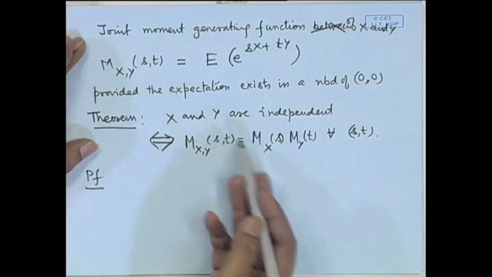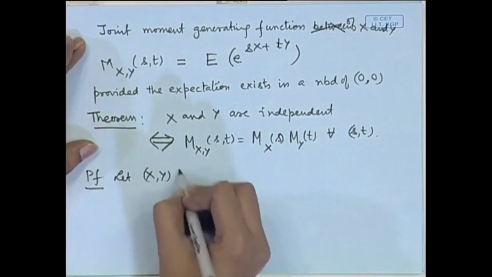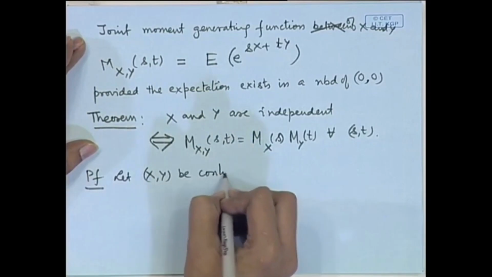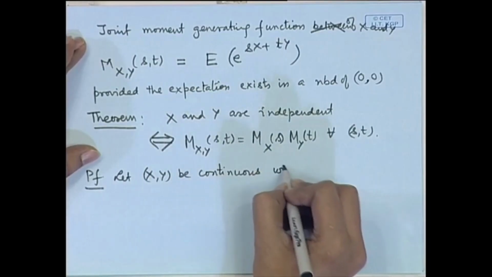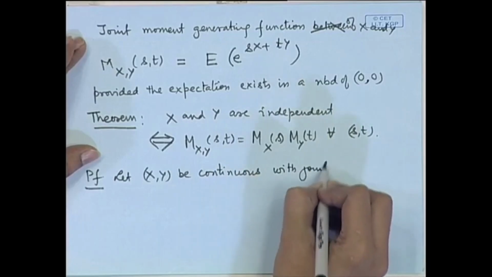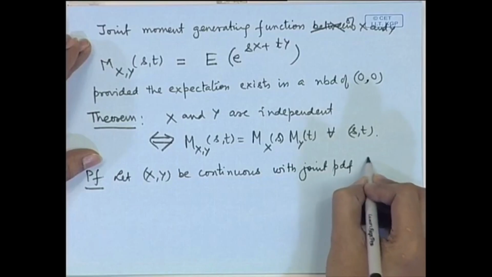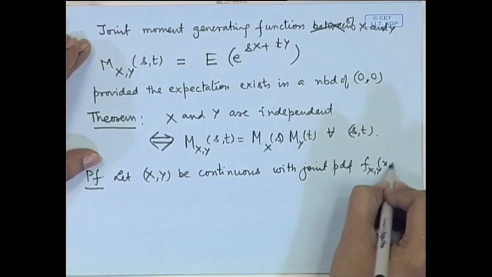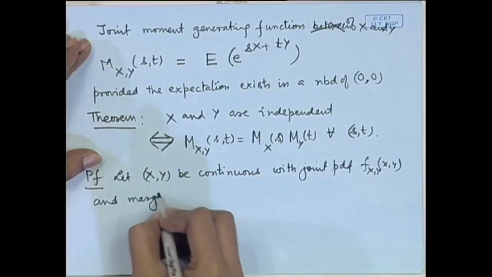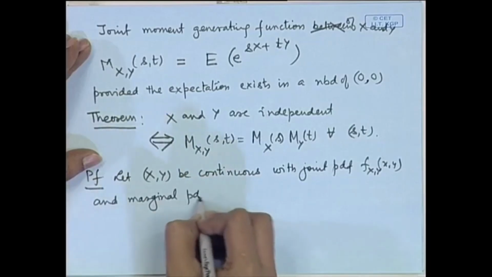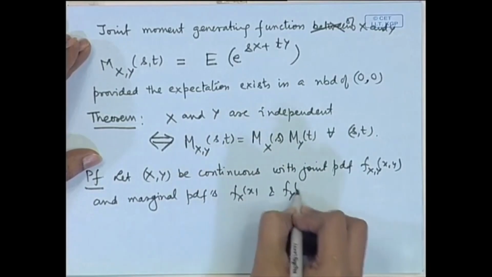In order to prove this, let us consider say the case of continuous random variables with joint PDF say f x y and marginal PDFs say f x and f y.